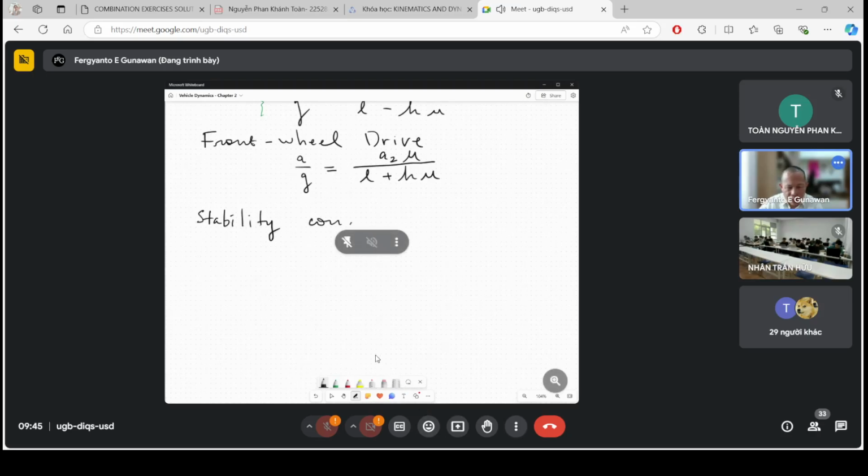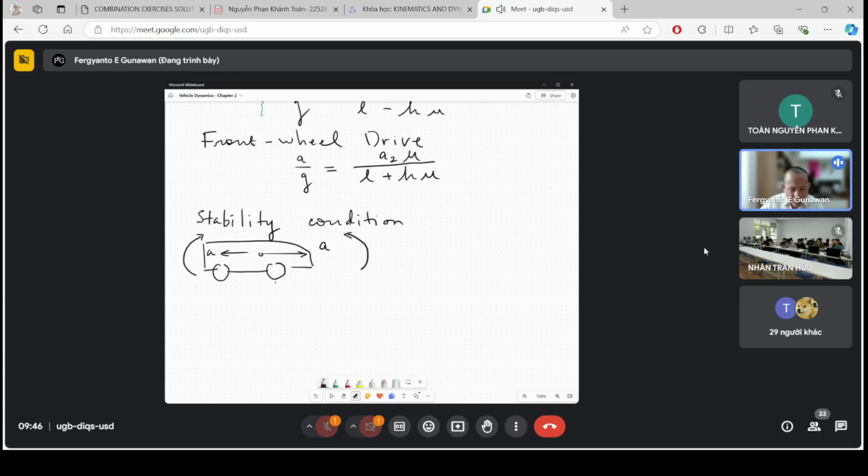The stability condition says that if we have this vehicle and we accelerate this way, or decelerate in braking, we always avoid the car rotating this way or that way.